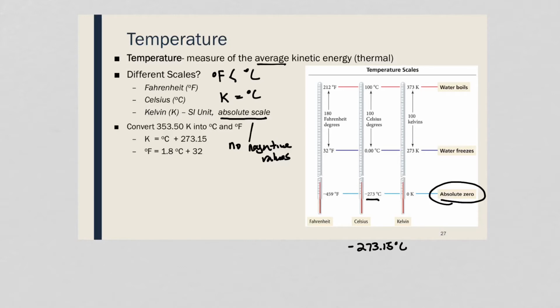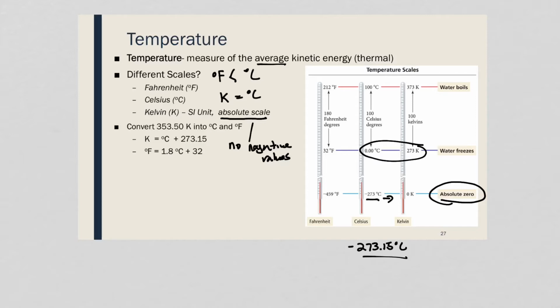So that automatically became 0 on the Kelvin scale, and then everything scaled with that. So what you'll notice is that at every temperature point, there is a difference of 273, or again, more properly, a difference of 273.15.